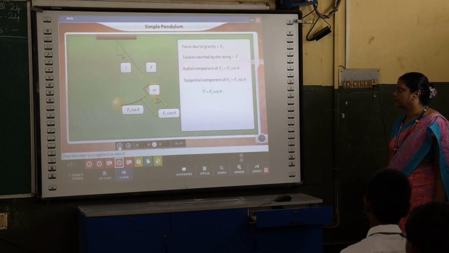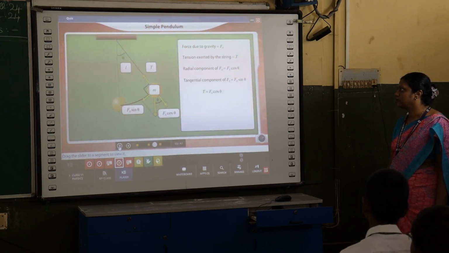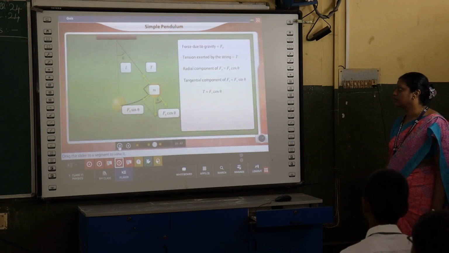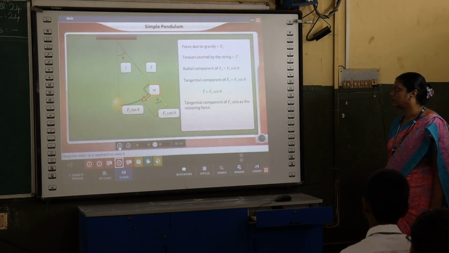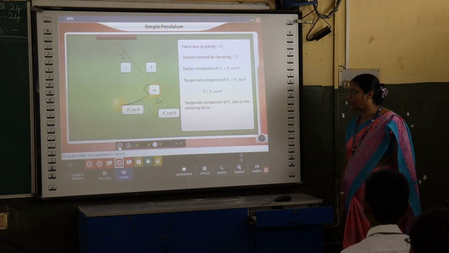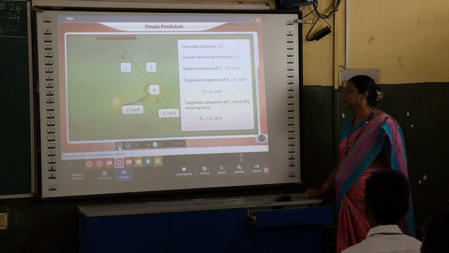However, the tangential component Fg sin theta is not balanced by any other force. This tangential component of gravity acts as the restoring force.